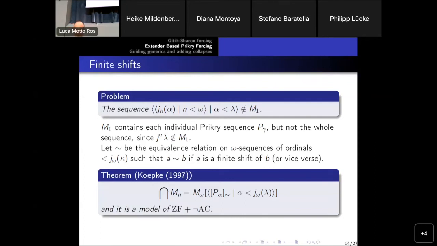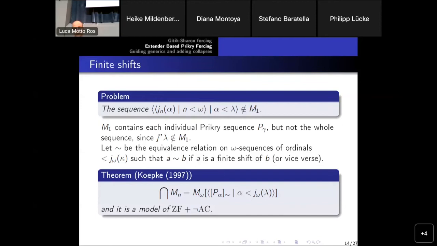So this is a theorem of Schindler showing that if we take the iterated ultrapower like that, and take the intersection, we are going to get a model of the form M omega extended by, I'm writing it slightly imprecisely, the sequence of equivalence classes of P alpha.